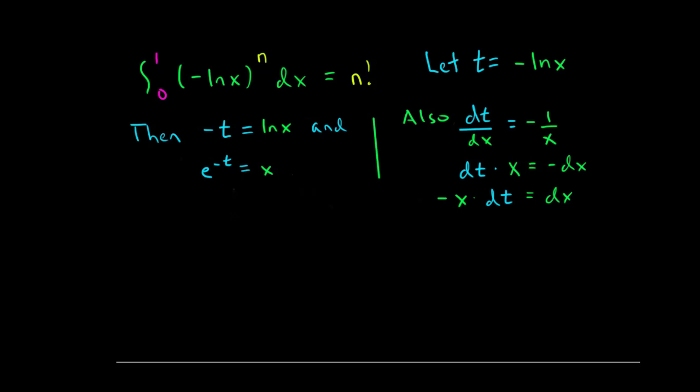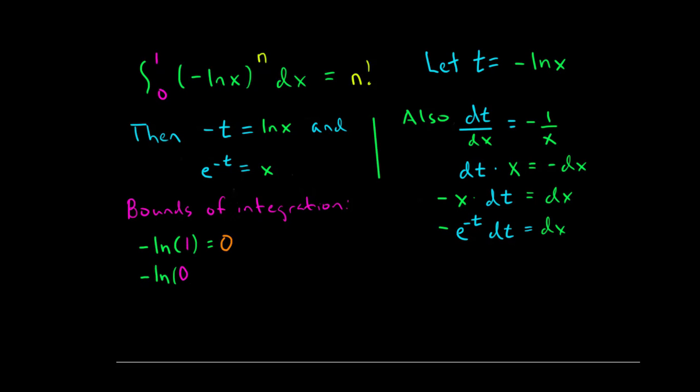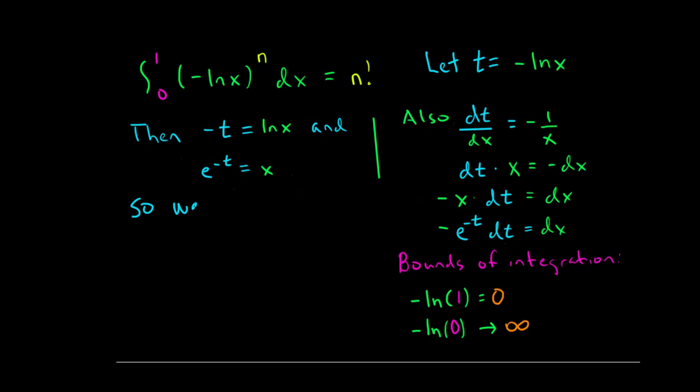We're going to use those facts. And then lastly, if e to the negative t equals x, then negative e to the negative t dt equals dx. So we're going to use all these facts here. And when we consider our bounds of integration, these will actually change. Negative ln of 1 equals 0, and negative ln of 0, well, that isn't defined, but it approaches infinity.